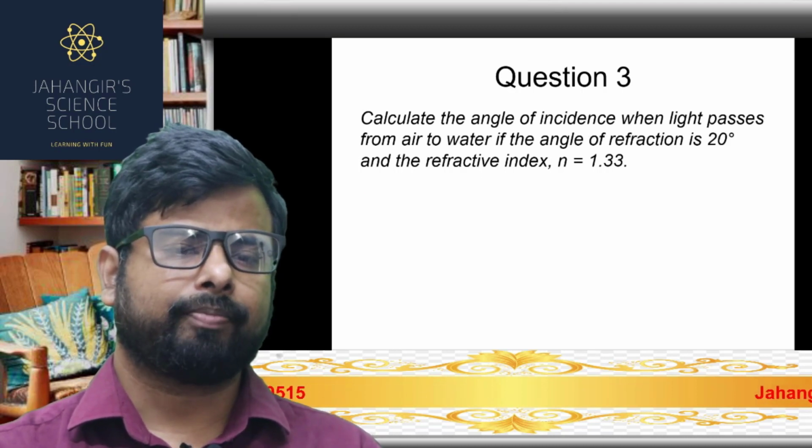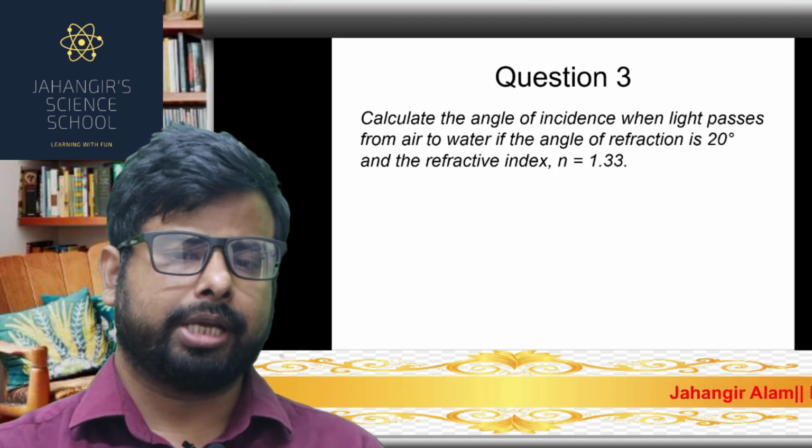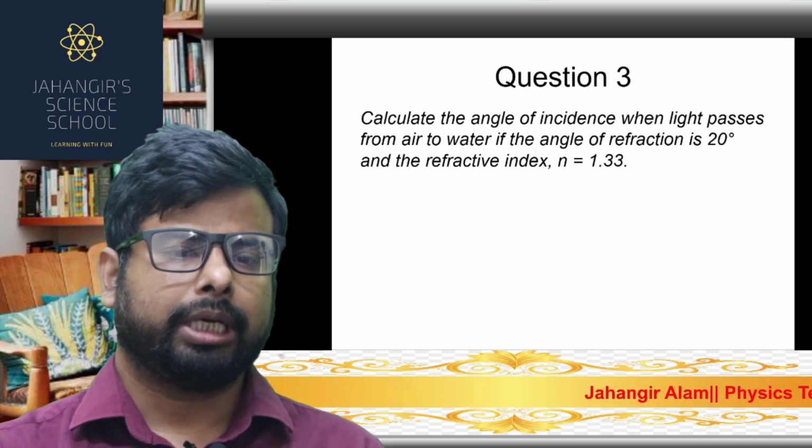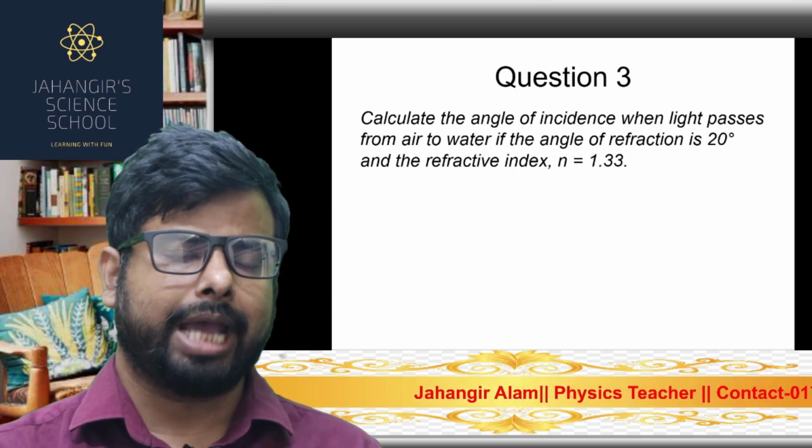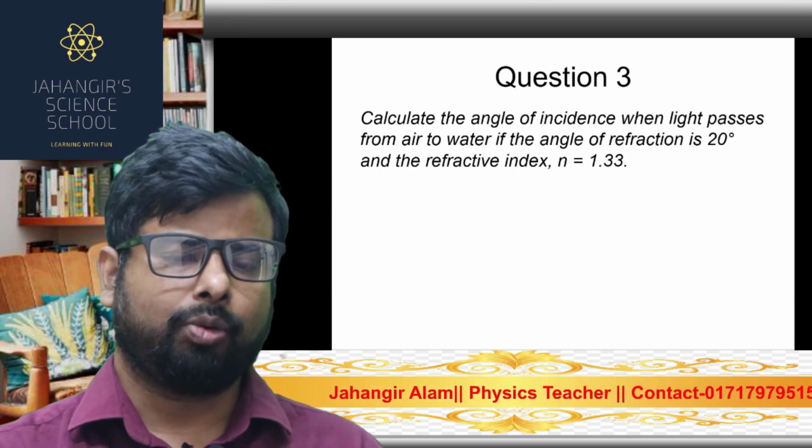Question number 3. Calculate the angle of incidence when the light ray passes from air to water if the angle of refraction is 20 degrees and the refractive index eta is 1.33.